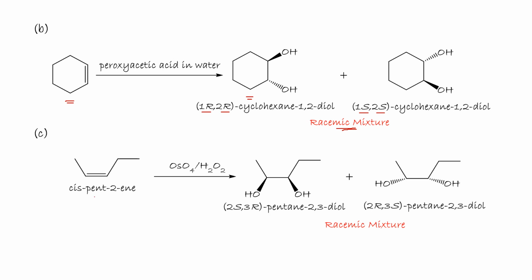Starting with cis-but-2-ene, osmium tetroxide and hydrogen peroxide, two OHs in the same direction, syn addition, again we get 2S,3S and 2R,3R, a racemic mixture, again a racemic mixture.